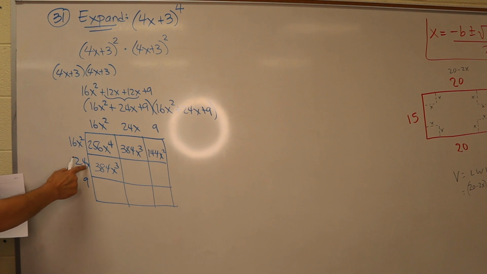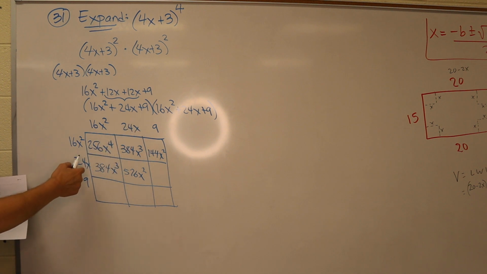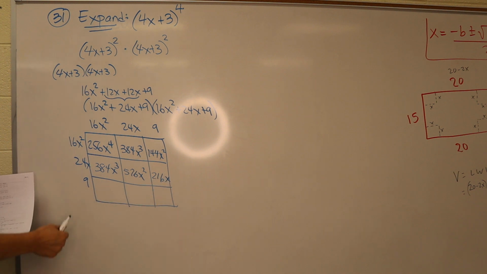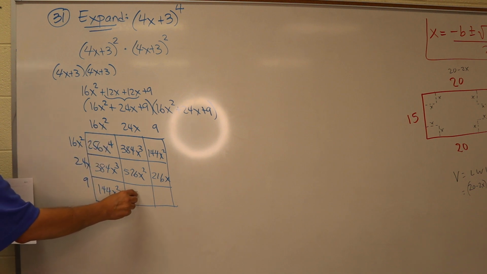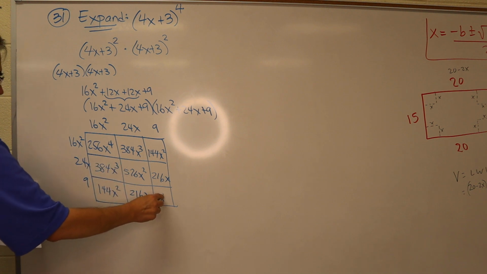And then multiply 24x times 24x, that's 576x squared. And then multiply 24 times 9, that's 216x. And then 9 times 16x squared would be 144x squared. 9 times 24 would be 216x. And then 9 times 9 is 81.